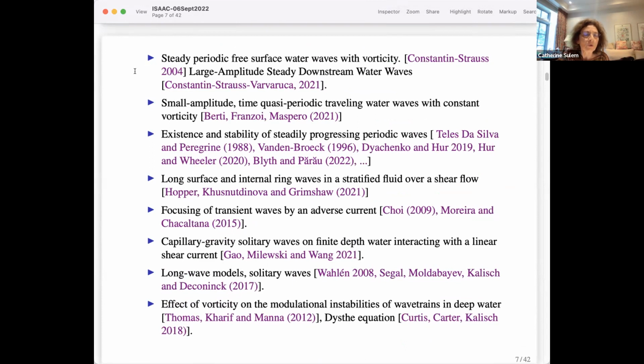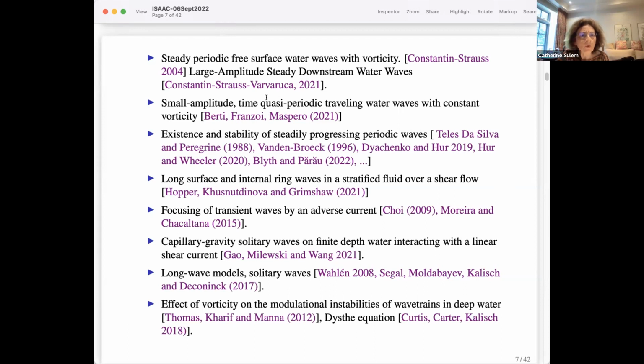So the first two concern mathematical problems, existence of surface waves with vorticity, starting with Constantin and Strauss, with many papers of this author with different collaborators. The second paper is also a mathematical work by Berti, Franzoi, and Maspero, where they prove the existence of small amplitude time quasi-periodic traveling waves with constant vorticity and its bifurcation analysis.